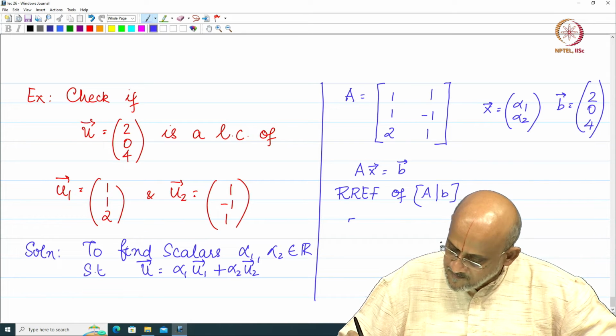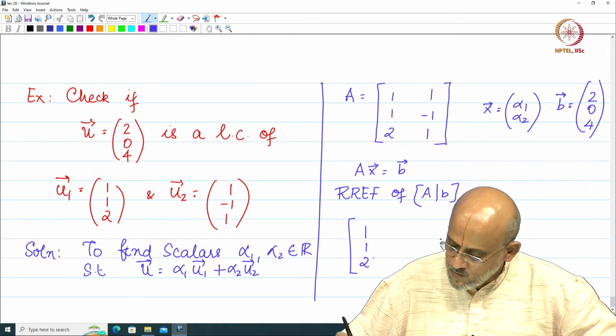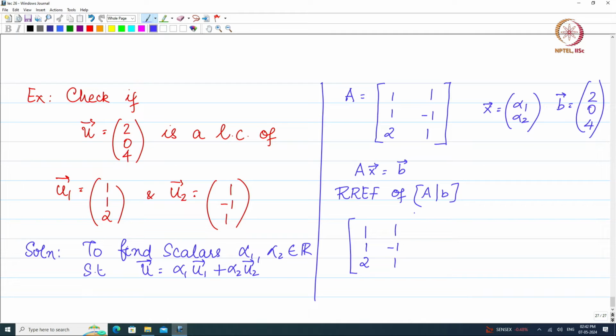We have this matrix with rows 1 1, 2 1, minus 1 1, and you augment it with the B vector, which is basically 2 0 4.